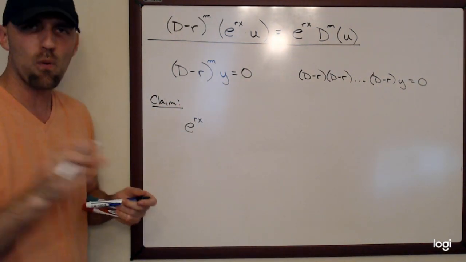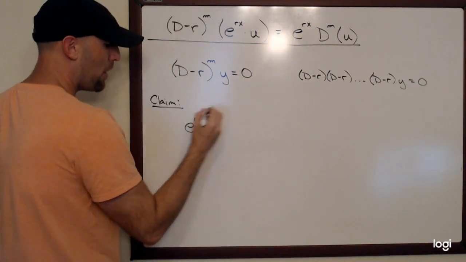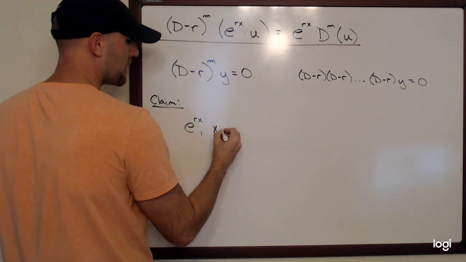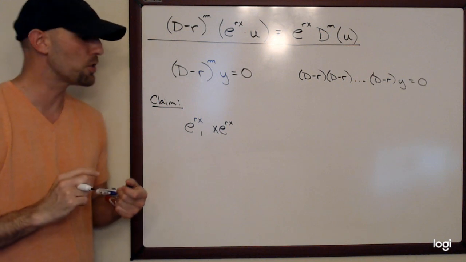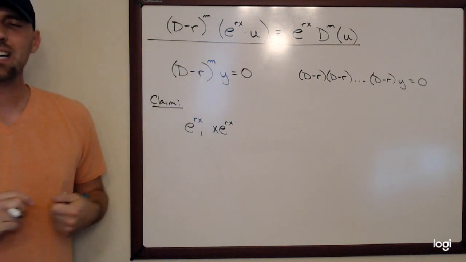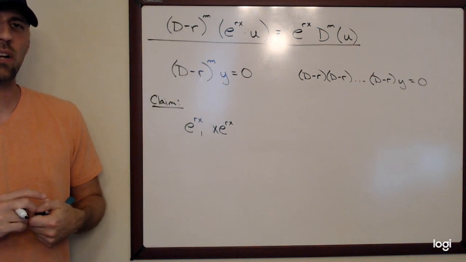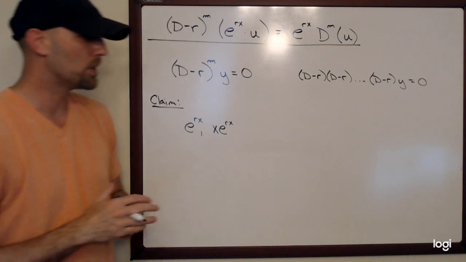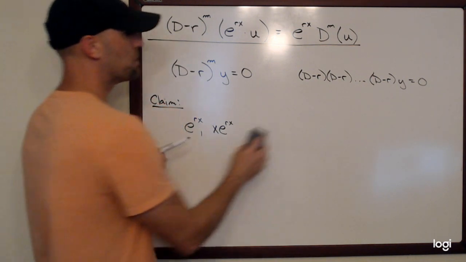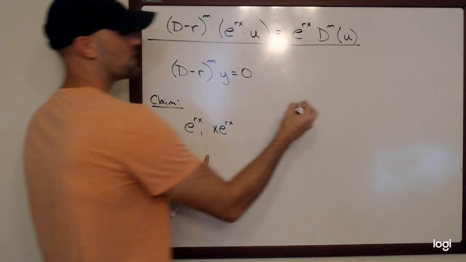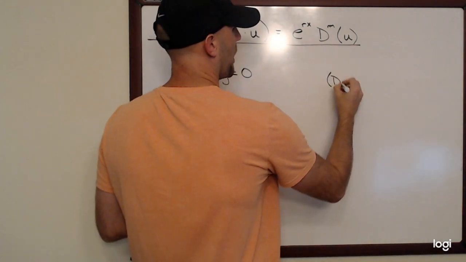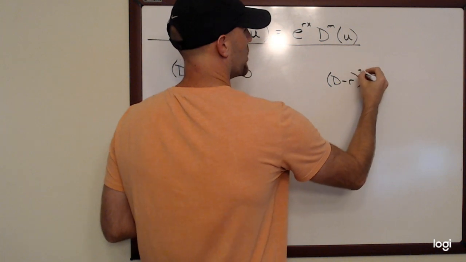Okay? So that works. But I also claim that x e to the rx is also a solution provided m is 2 or greater. Why? Well, let's see. Why would this be a solution? Okay. So again, let me just write this down. Suppose I have (d minus r) squared.